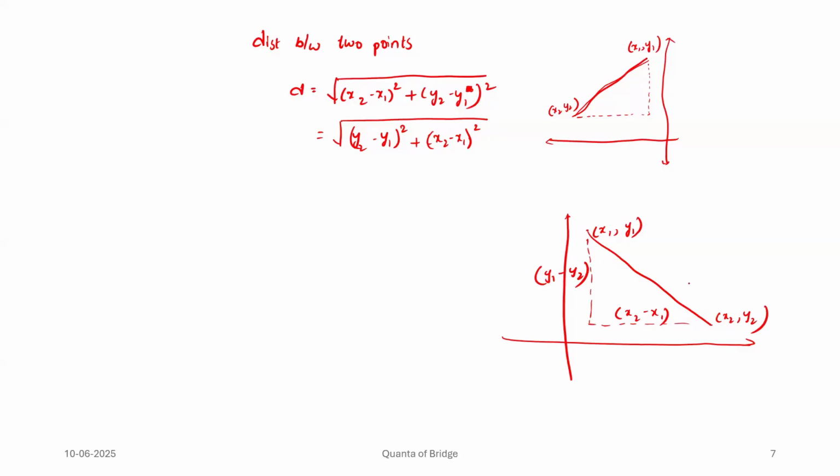So for example, if your x1, y1 is 1, comma 5 and your x2, y2 is 5, comma 1, then your rise in x coordinates is 5 minus 1, and your rise in y coordinates is 1 minus 5.